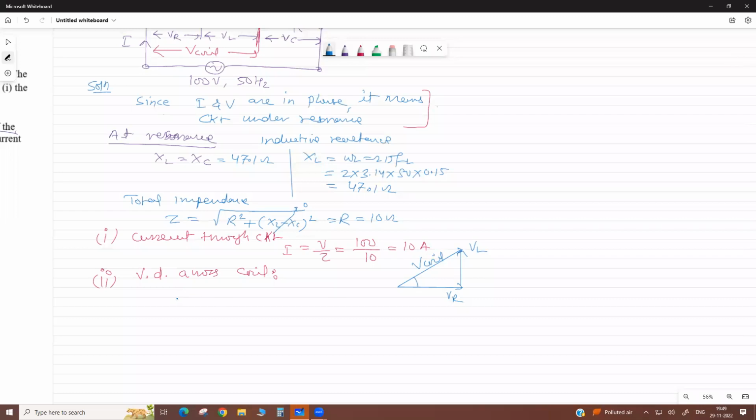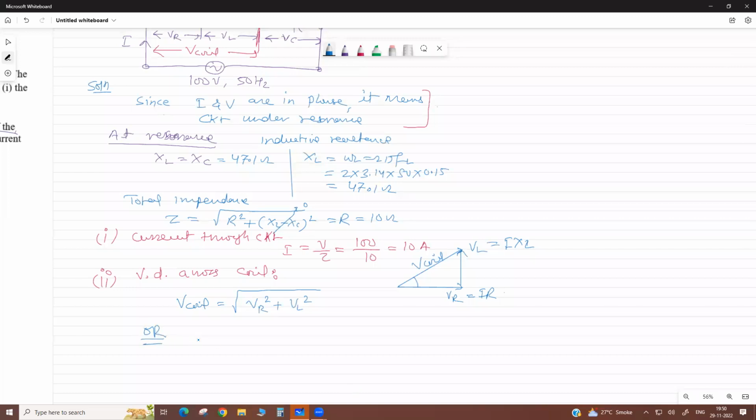So how do we calculate the voltage drop across the coil? Individually you calculate VD across the coil resistance, which is IR, and across the coil inductance, which is I XL.